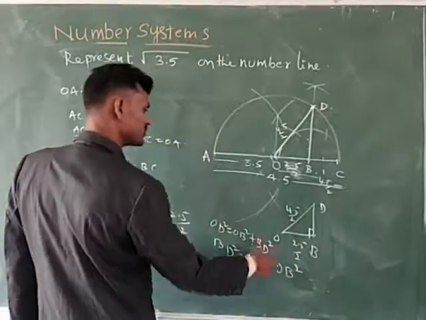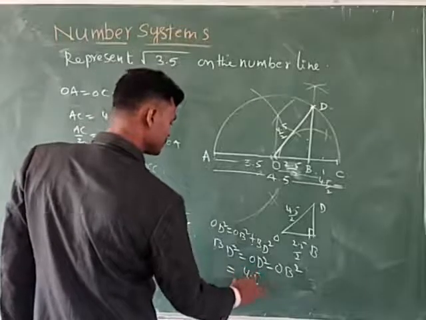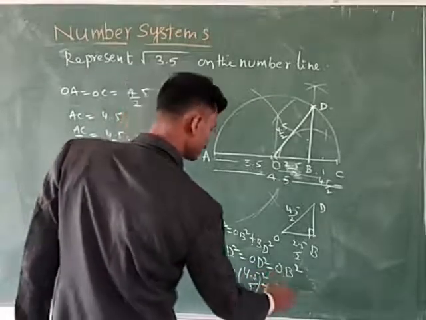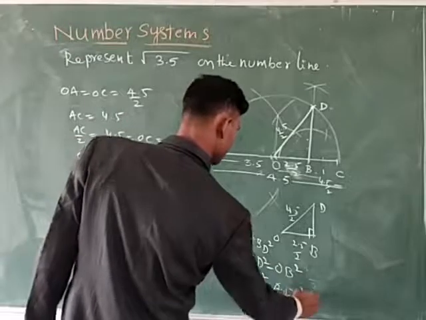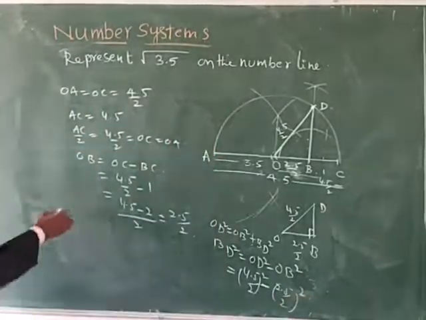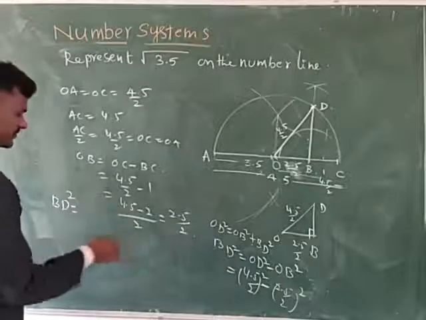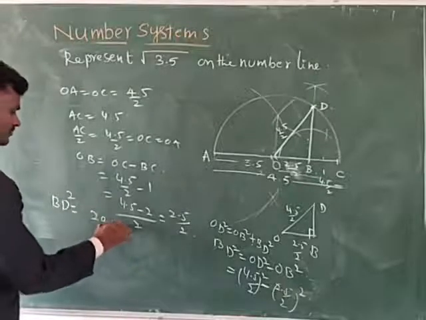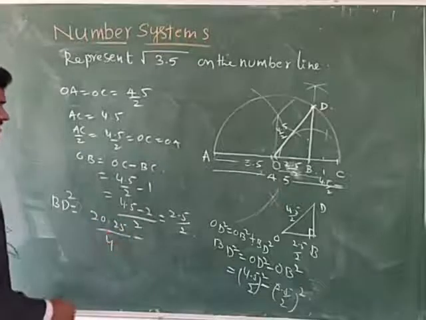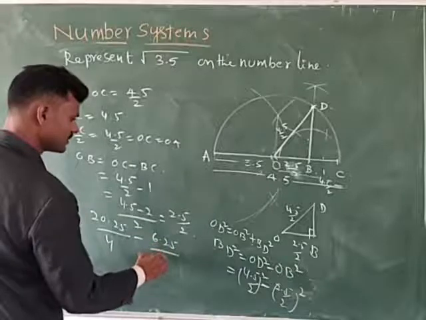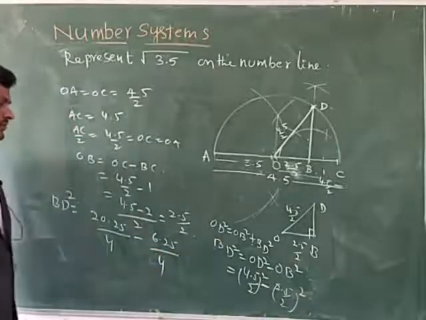Here OD is equal to how much? OD is 4.5 by 2, whole square, minus OB, which is 2.5 by 2, whole square. Now see here, BD square is equal to 4.5 whole square, 20.25 by 4, minus 2.5 whole square, which means 6.25 by 4. 25 into 25, 625.